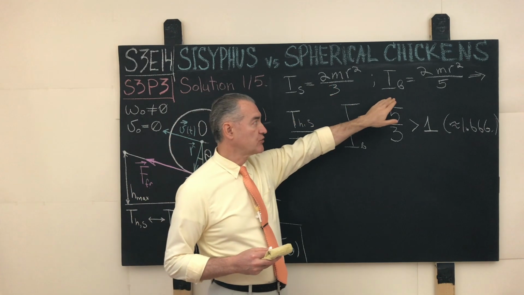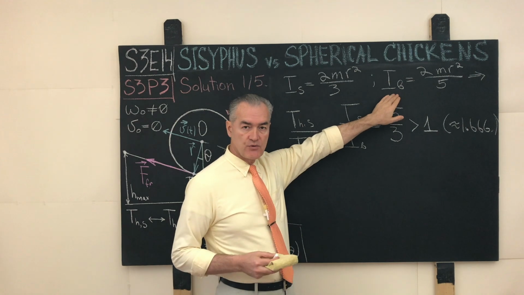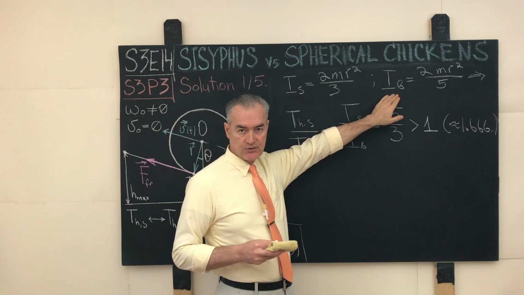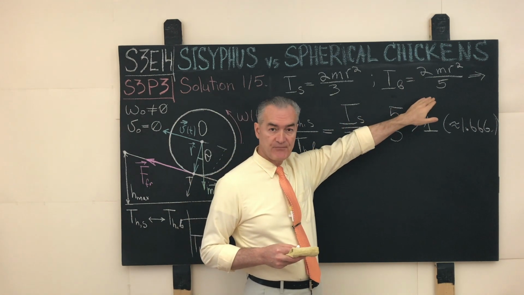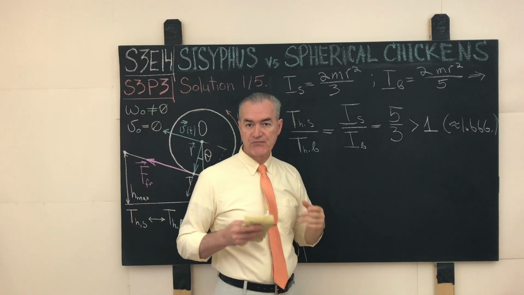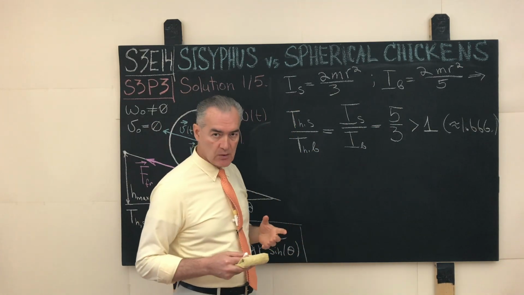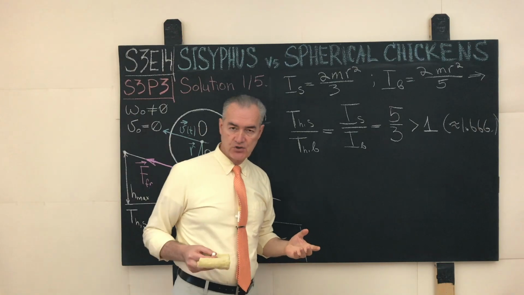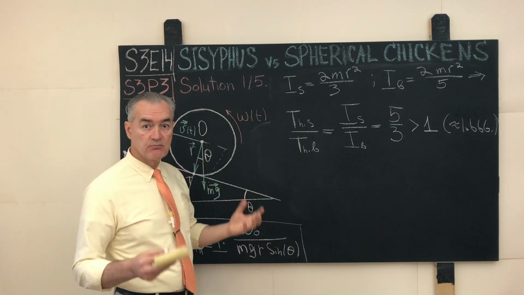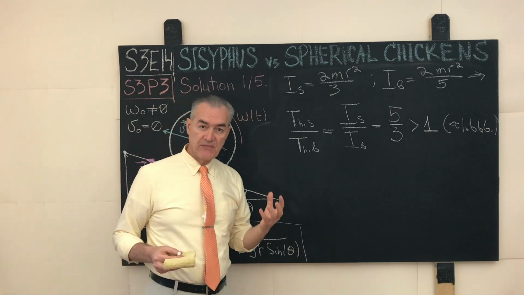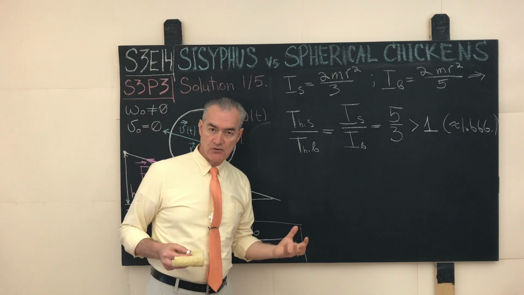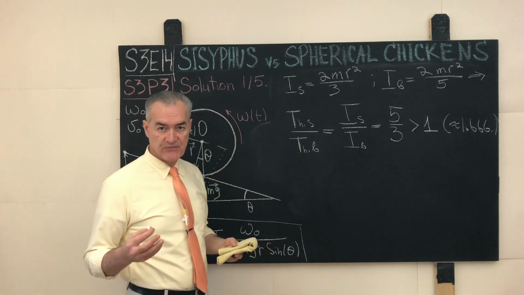And the moment of inertia of a ball with respect to the same natural axis of symmetry is 2/5 times m times r squared. But in our problem, the mass m and the radius r are one and the same in both cases, whether we have a spherical chicken that is hollow or a spherical chicken that is solid.